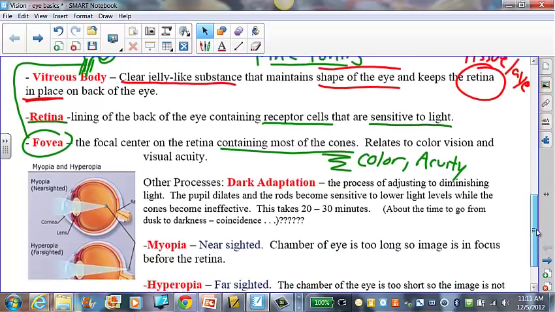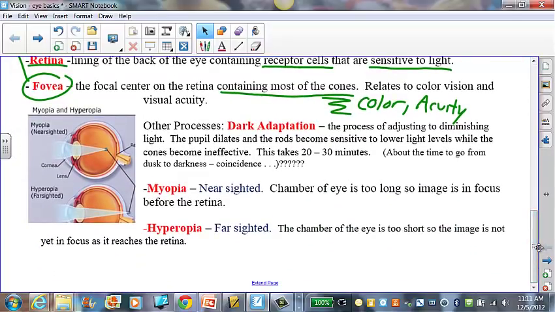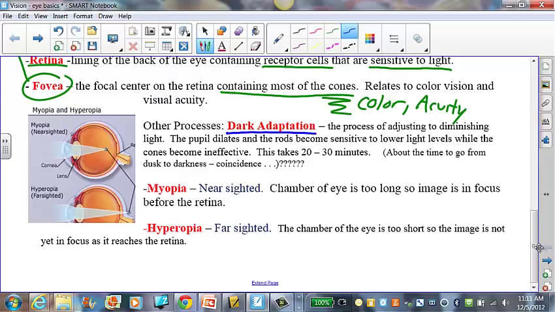A couple other processes I want to mention briefly before we get to transduction. One of those processes is called dark adaptation, and this is the process of adjusting to diminishing light. So as the sun goes down at sunset, at dusk, until it is totally dark, our pupil will gradually dilate, and we get more sensitive to lower light levels.